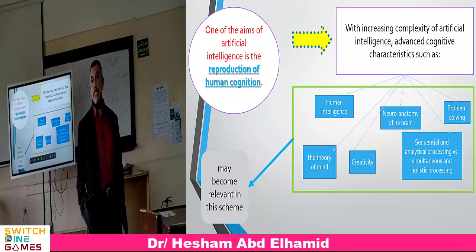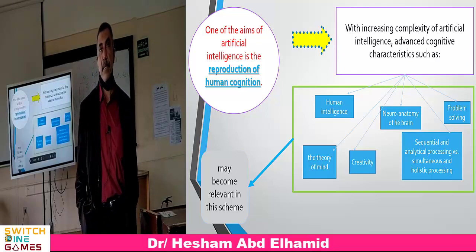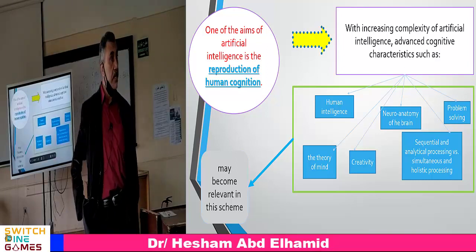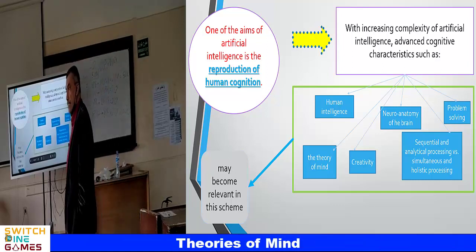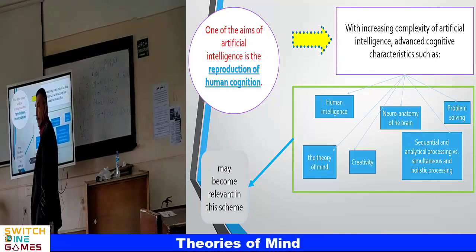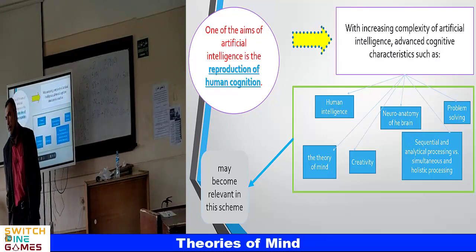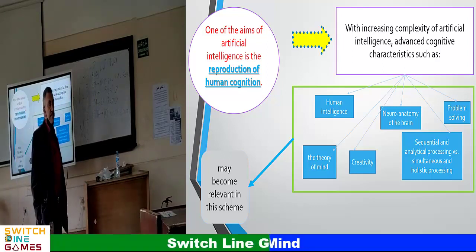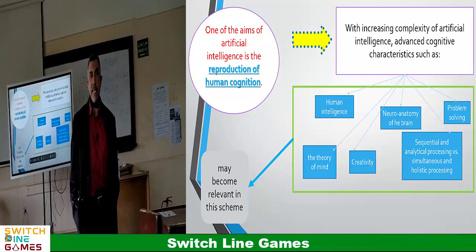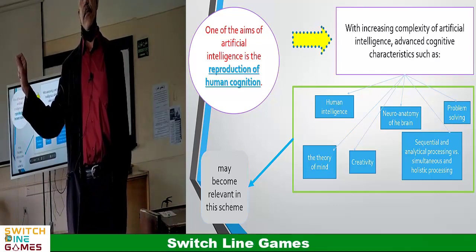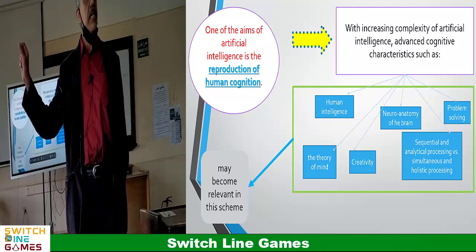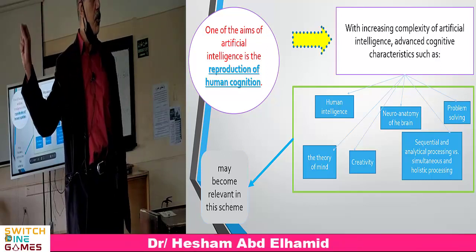What about intelligence? Self. Perception. Yes, perception. Okay. What else? Emotional intelligence. And this is a challenge, to make a machine having emotional intelligence.